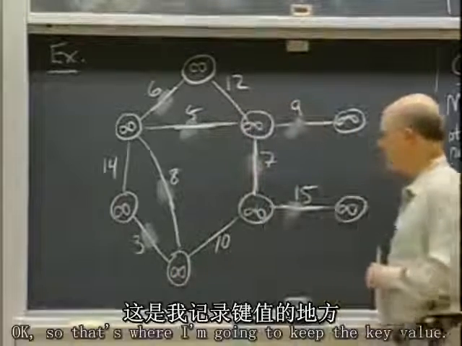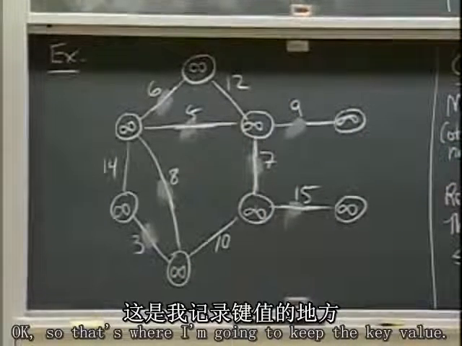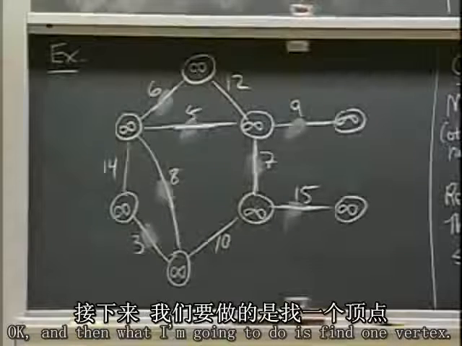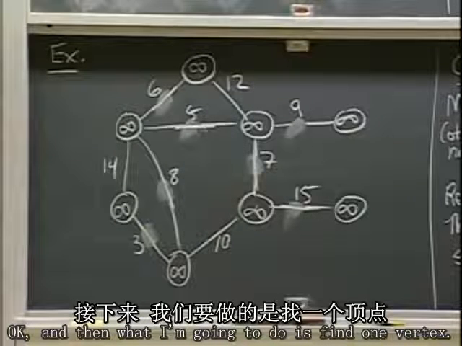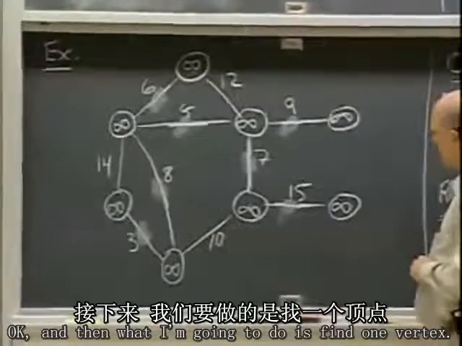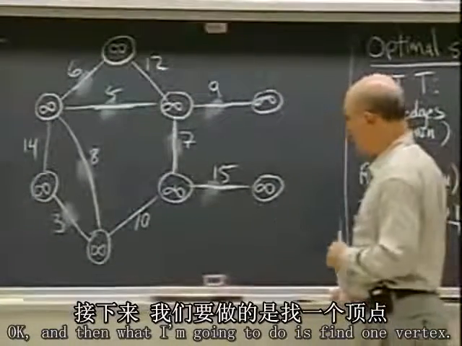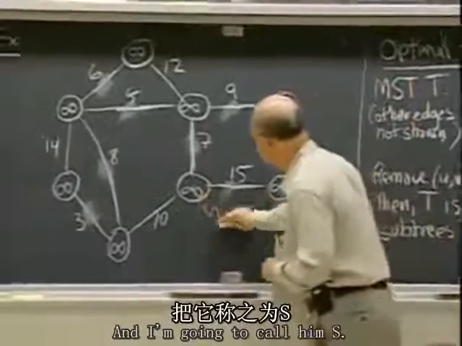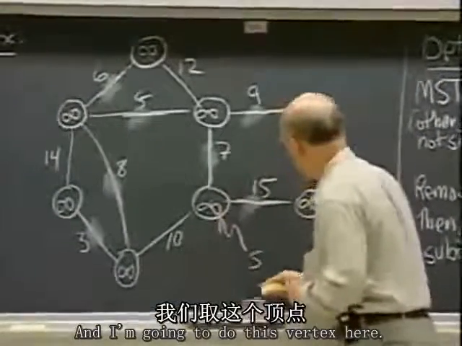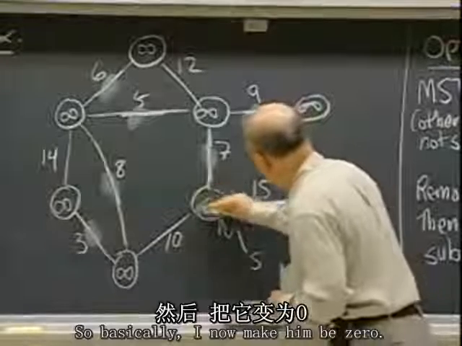That's where I'm going to keep the key value. Then what I'm going to do is find one vertex, and I'm going to call him S. I'll take this vertex here, we'll call that S. So I now make him 0.